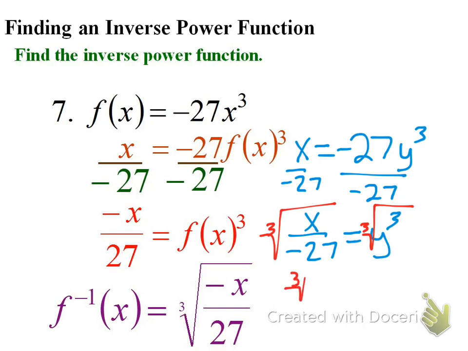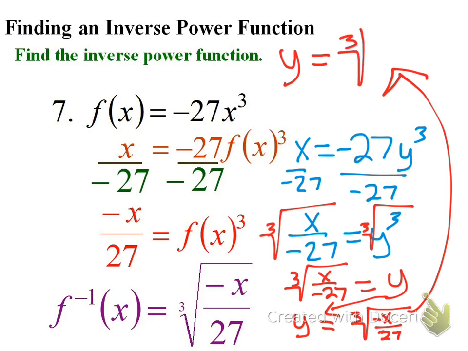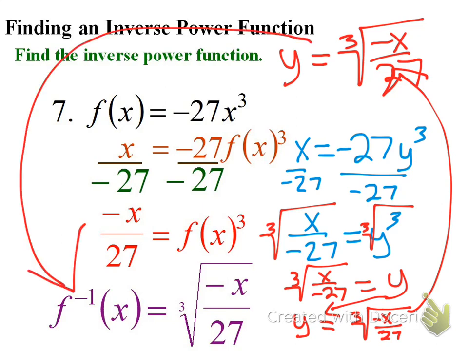So you get the cubed root of x over negative 27 equals y. But I want to write the y in the front, and I want to write the cubed root part in the back. You can put the negative with the x or with the 27. It doesn't really matter. I'll write it up here. So when you do it with y's, you end up with the same thing, and then just change it to function notation so that I know it's the inverse.